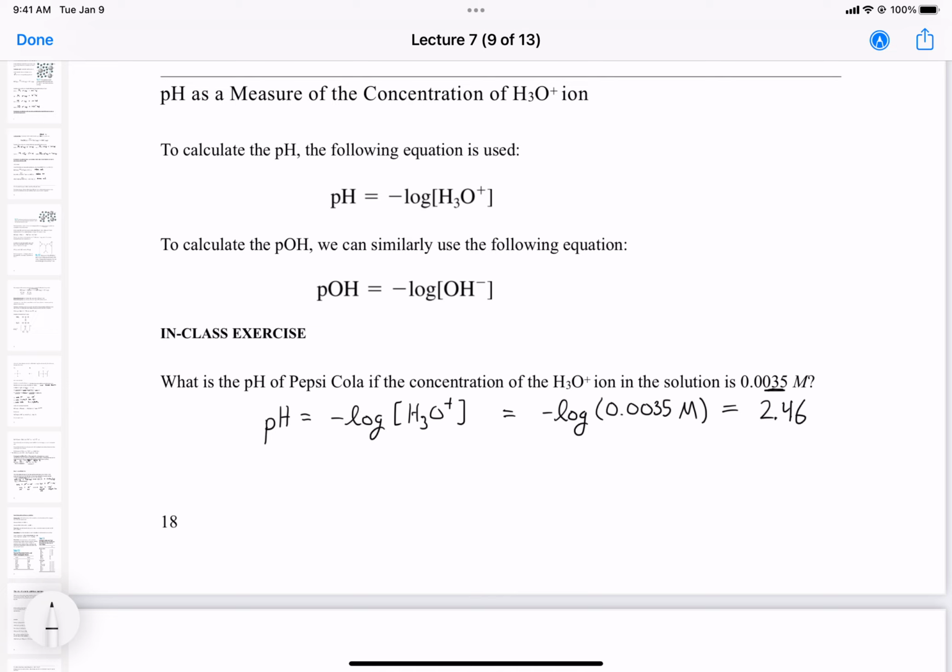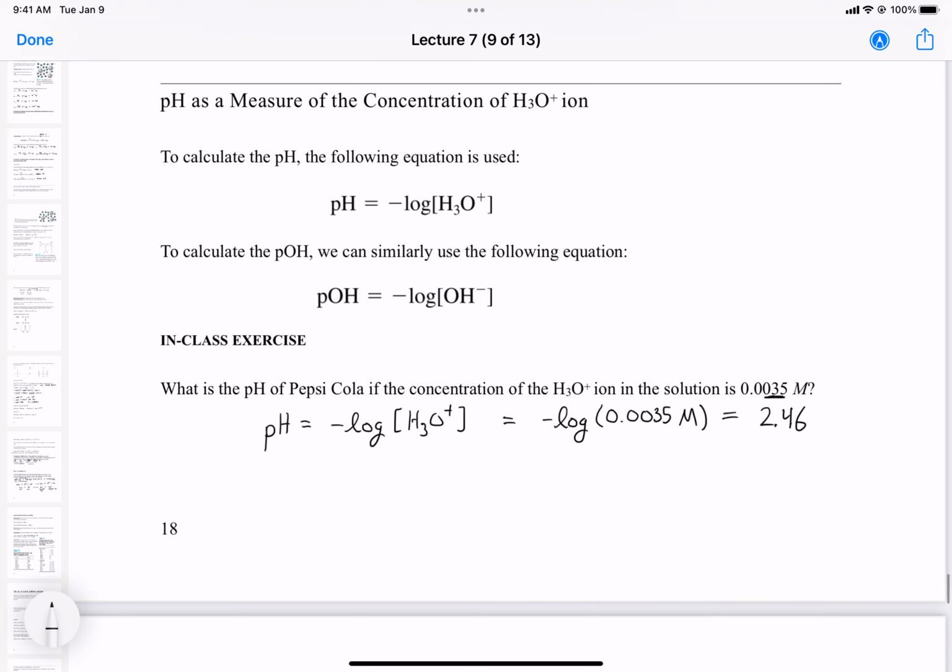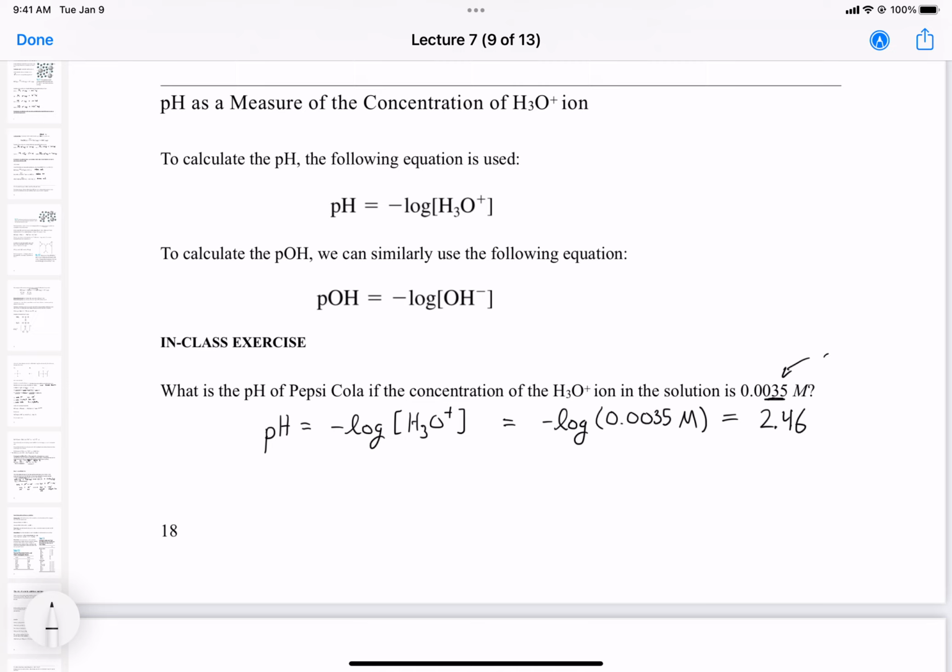The mantissa is the numbers after the decimal. The base of the pH is the first number, and then the mantissa is what's after the decimal. So here we have 2 sig figs, so we must have 2 sig figs after the decimal, okay?